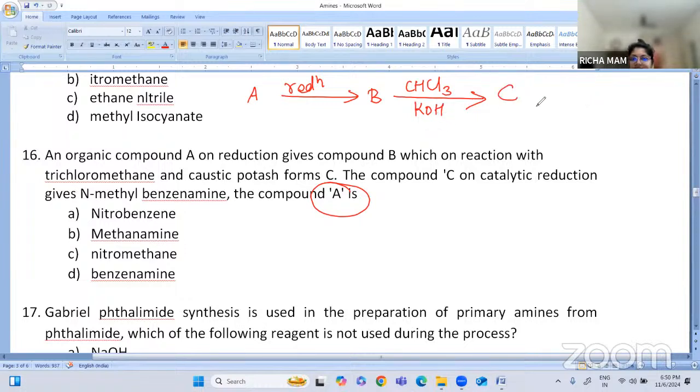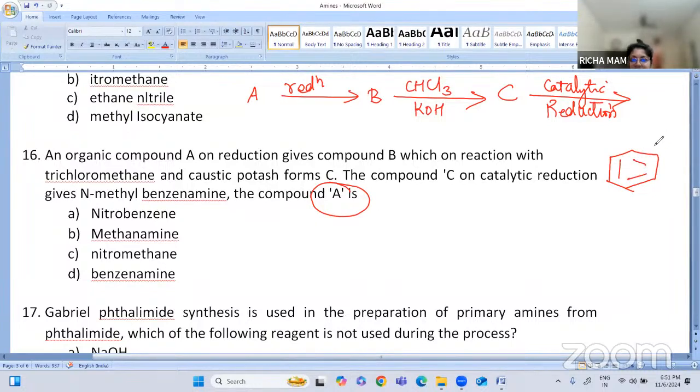You are going to get C. This C on catalytic reduction, meaning with hydrogen in the presence of palladium, platinum, or nickel, that is called catalytic reduction. Reduction means addition of hydrogen. I'm going to get N-methyl benzenamine. So how is the N-methyl benzenamine formed?